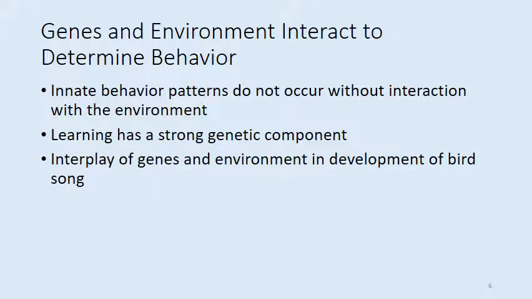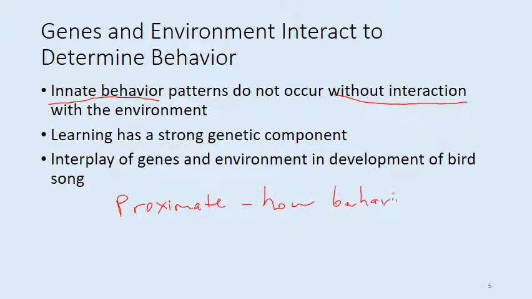So innate behavior patterns as well. It's not just genetics that they depend on, but without interaction, animals in labs are not able to display the behaviors that wild animals are able to display in the wild. And so what this is talking about, if we remember that word, proximate cause, means how a behavior is done.